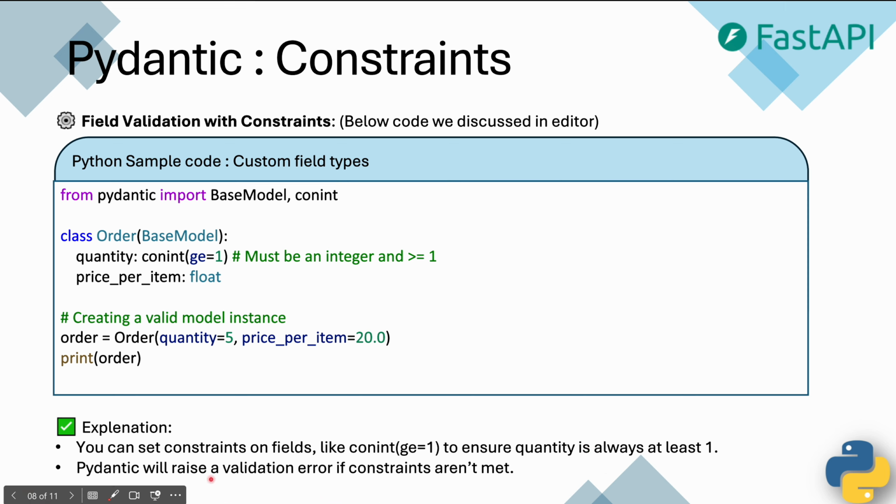Pydantic will raise a validation error if constraints aren't met. Below code we discussed in editor. Field validation with constraints.